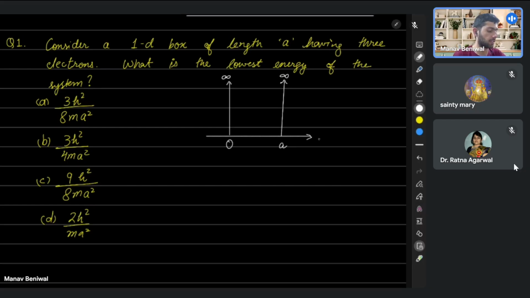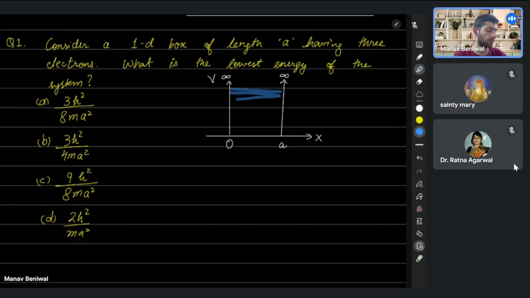This is our x direction and this is our potential V. So our particle is then confined in this region, between 0 and a.